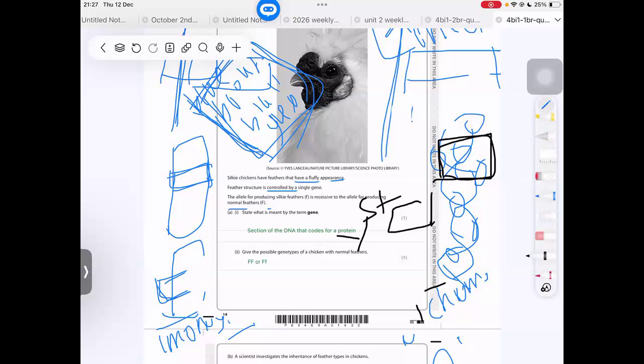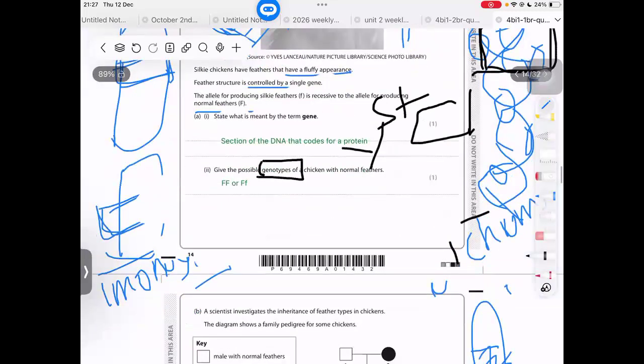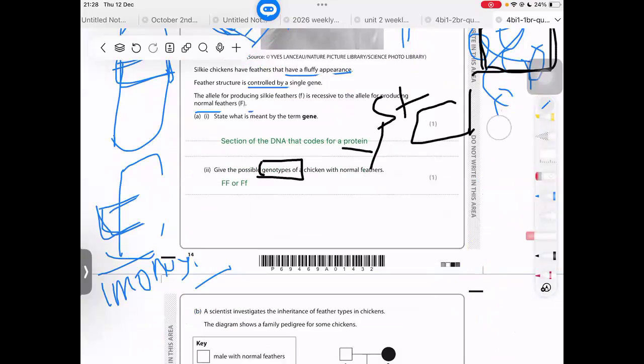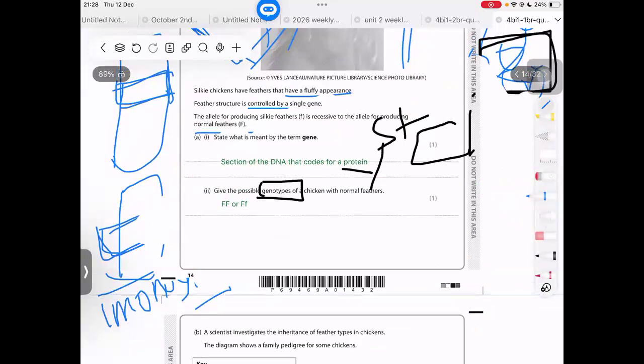Then they have said give the possible genotypes of a chicken with normal feathers. Genotype means the genetic composition. So genotype is basically written to show what their genetic composition is.